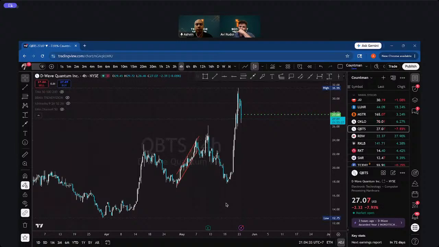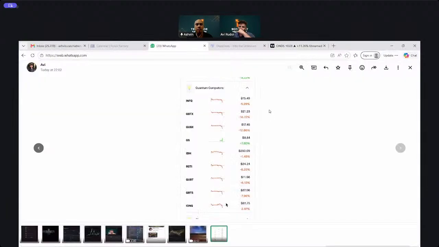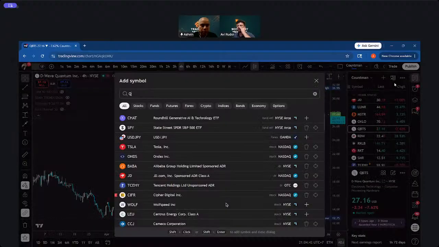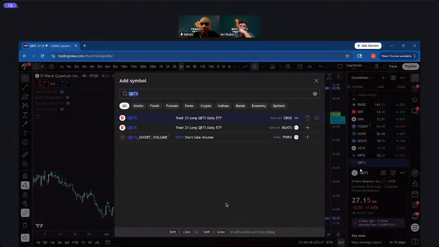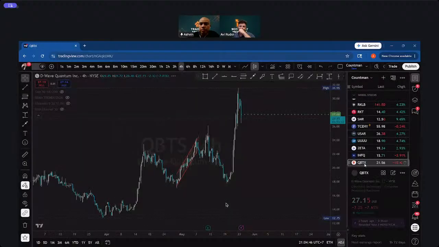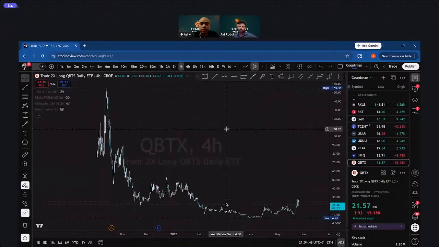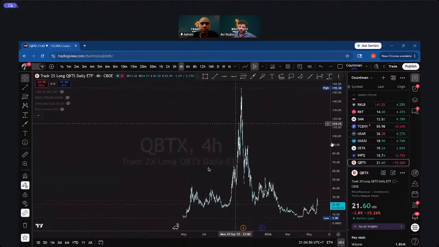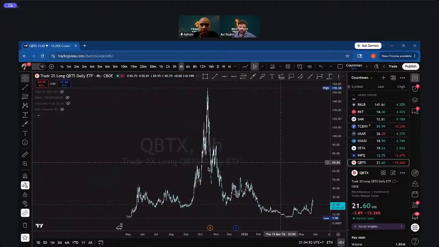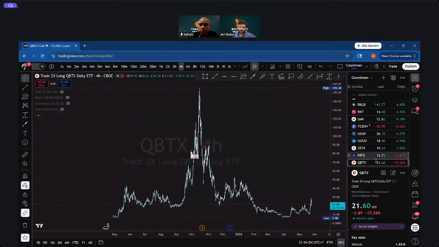Then the next one would be QBTX. Wait, QBTS. Let me see QBTX. Same thing. QBTX is more of a bearish stock, so we don't take this.